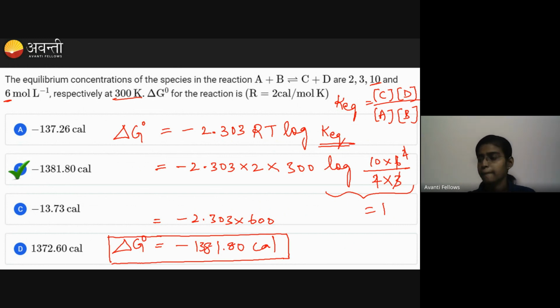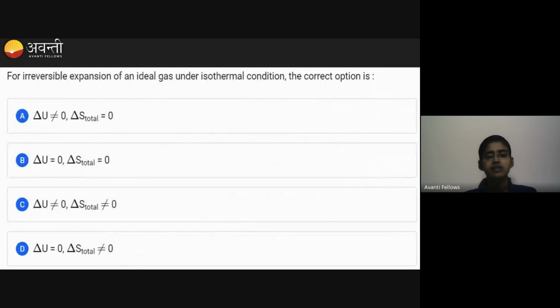Now coming to the next question. For irreversible expansion of an ideal gas under isothermal condition, the correct option is: isothermal means the temperature is going to be constant. If the temperature is constant, then delta T is equal to 0. And it says that it is irreversible expansion.